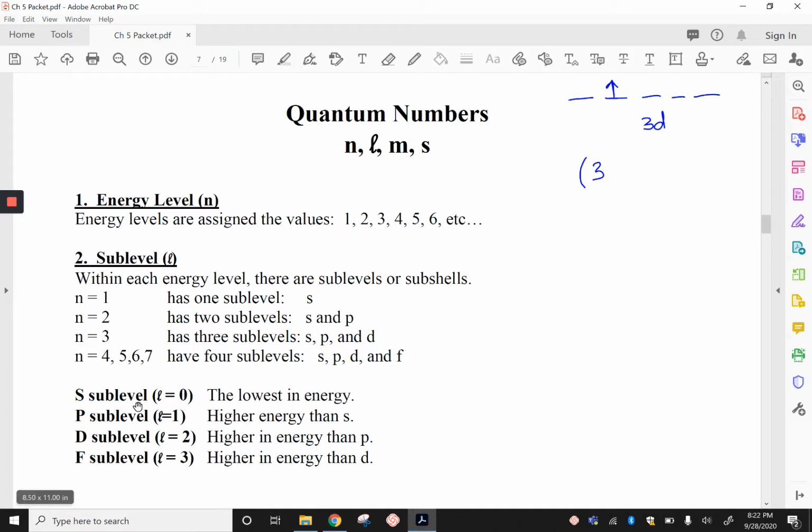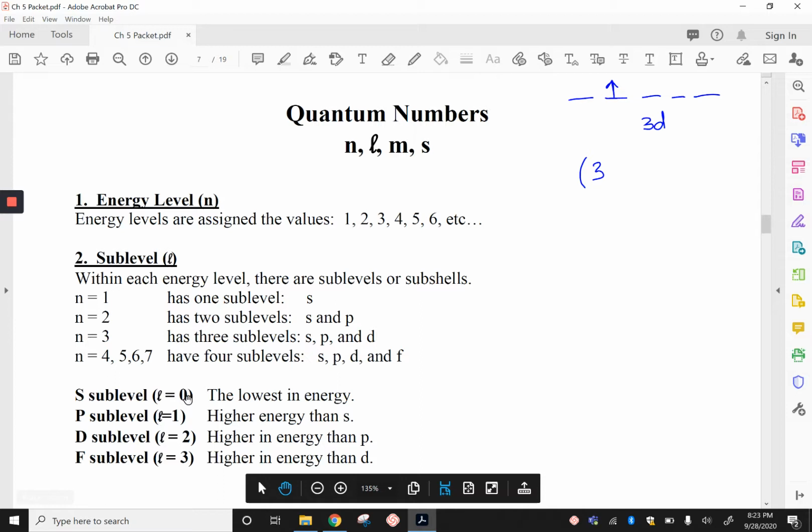So they are letters, and for quantum numbers, obviously we need numbers as opposed to letters. And so the s sublevel is assigned the number 0. The p sublevel is 1. The d sublevel is 2. The f sublevel is 3, and so on. So they go 1, 2, 3, but they start with 0 as opposed to starting with 1.